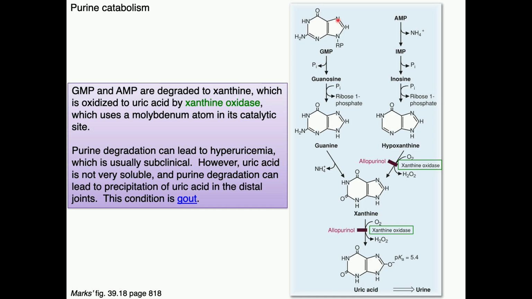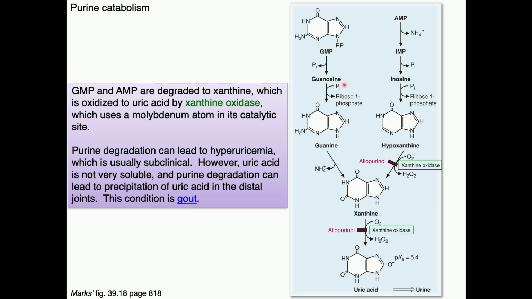So the purines, the GMP and the AMP, are both broken down to the intermediate xanthine, and then xanthine can be converted into uric acid, which is urinated out. For guanosine monophosphate, not shown here is the ribose sugar, but the first step in its catabolism is to remove the phosphates from the 5-carbon of the ribose sugar to make the nucleoside guanosine.